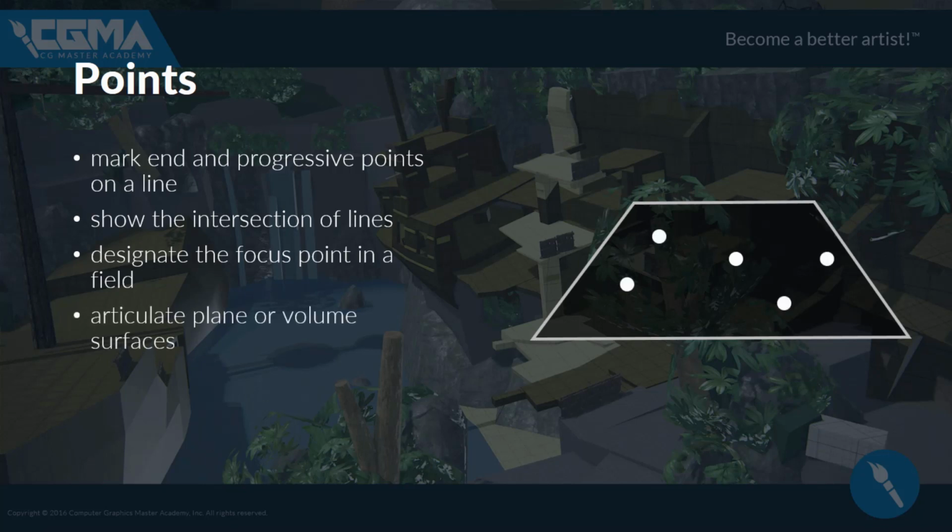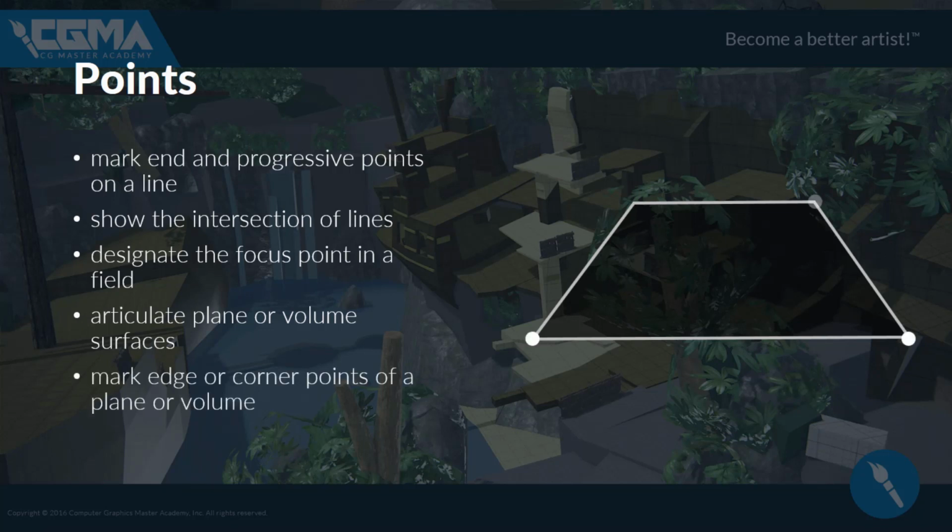Or points can be used in concert with one another to articulate the plane or a volume of surfaces. And points can also be used to mark the corner points of a plane or volume.